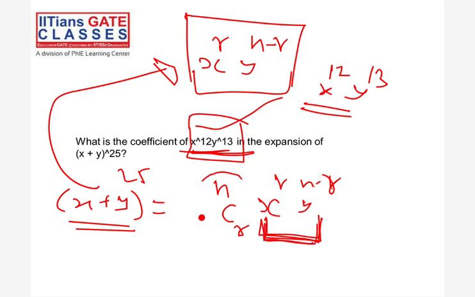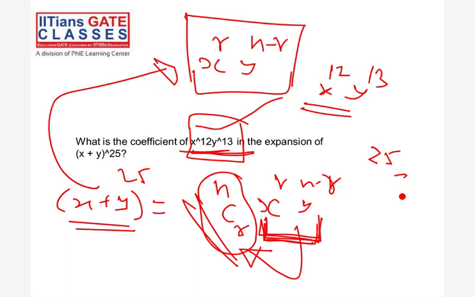We have already seen that this many terms of x^r y^(n-r) are possible. So this is basically the coefficient of x^r y^(n-r). Now you can just replace r with 12 and you will get the answer 25C12.